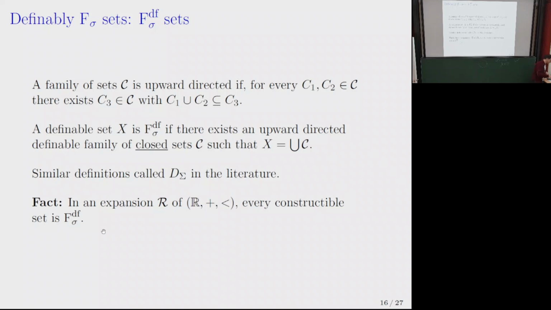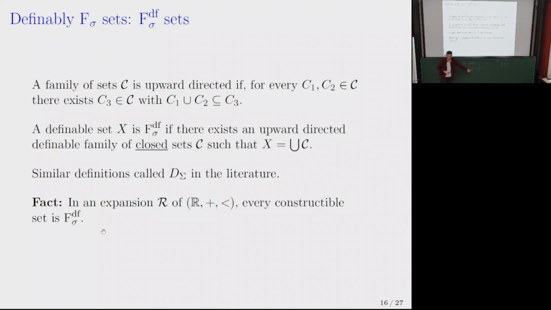So, if you have a closed set C, and you consider the definable family of balls of some positive radius, not in the Euclidean metric but in some metric that's definable just with addition, you consider these balls as r goes to 0.